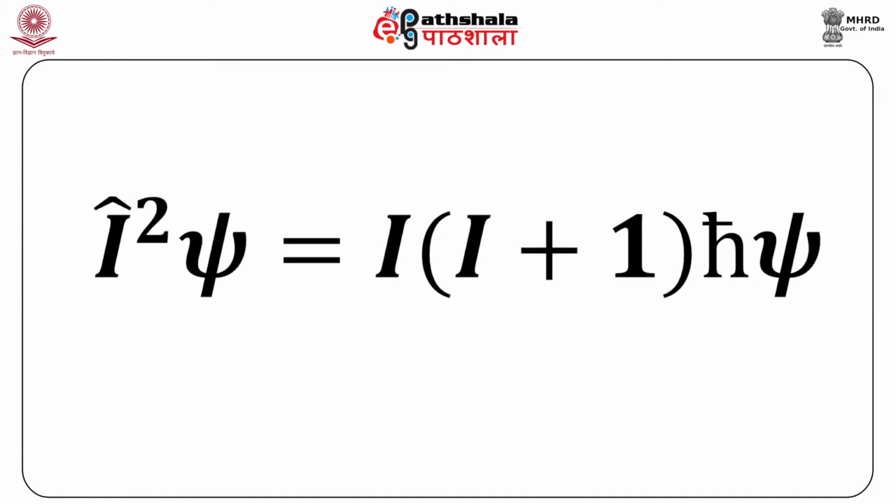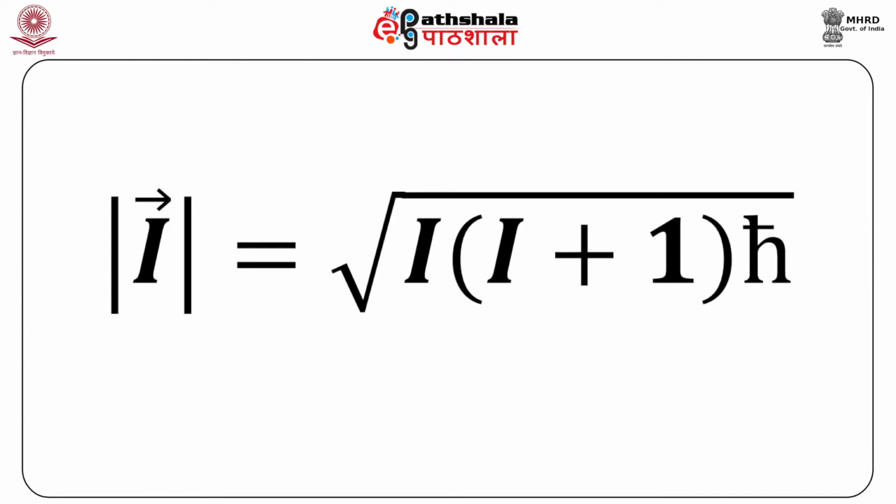That is, just like for the other angular momenta, the I square operator, when it operates on the nuclear spin wave function, gives I into I plus 1 into h cross psi, where psi is the nuclear spin wave function, and h cross as usual is equal to h by 2 pi, and this is the unit of angular momentum. Thus, the magnitude of the angular momentum is given by the magnitude of I is equal to square root of I into I plus 1 into h cross, where I takes for each nucleus one of the values.